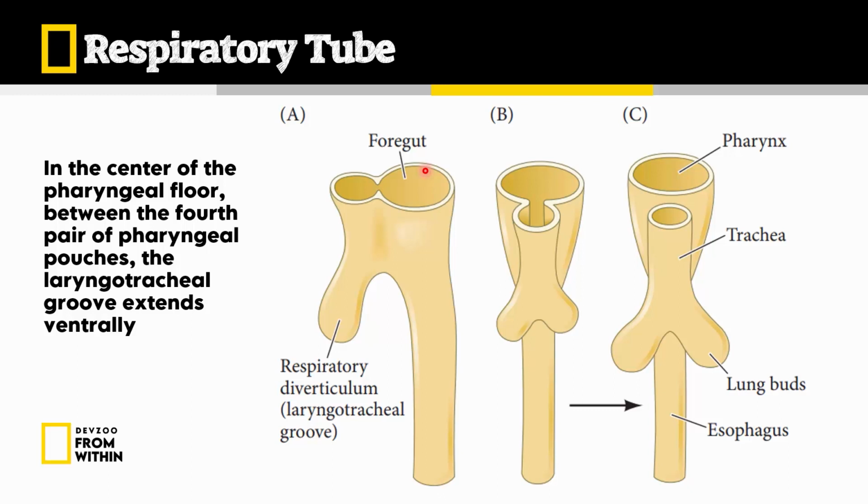This groove is called the respiratory diverticulum, or the laryngotracheal groove. It then bifurcates into two branches, as you can see in letters B and C. These two branches will then give rise to the bronchi, the bronchioles, and the lung cells.